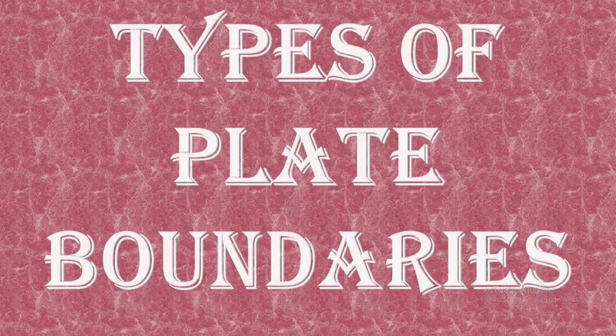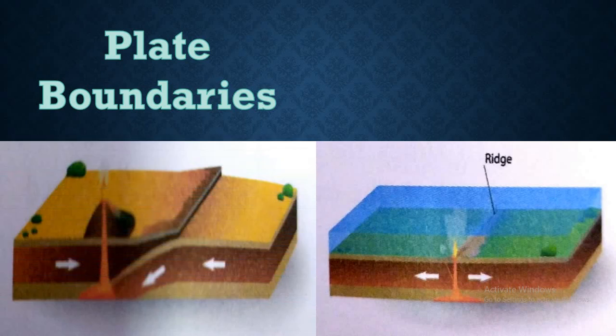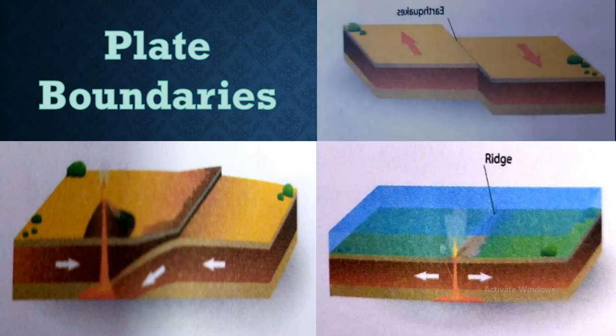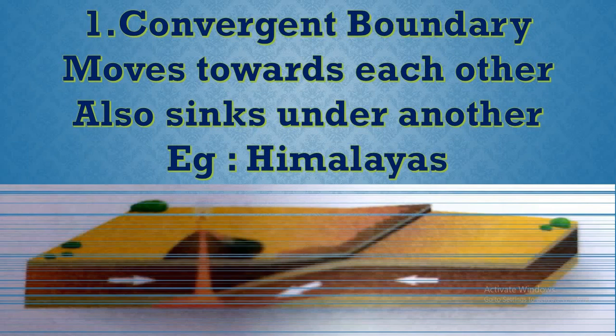Here are the types of plate boundaries. The first plate boundary is the convergent boundary, the next one is divergent, and the third one is conservative or transform boundary. We'll move on to the first one, the convergent boundary.